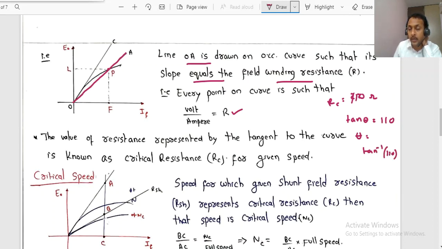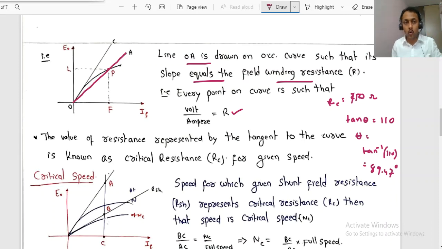So the line will be at an angle. Tan inverse of 110 will be around 89.47 degrees, something like that.